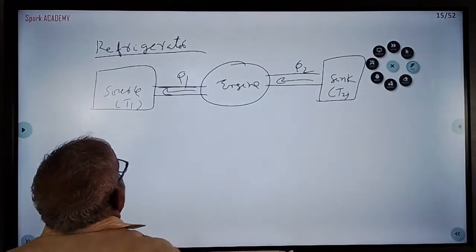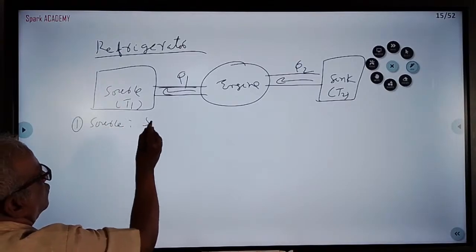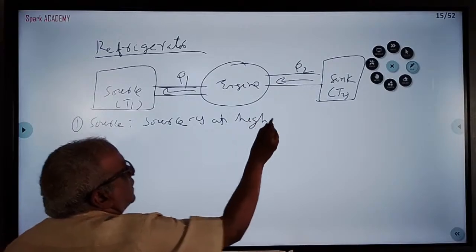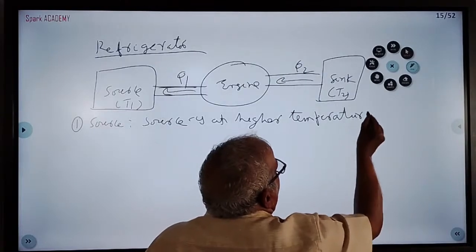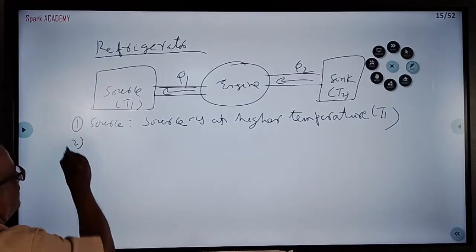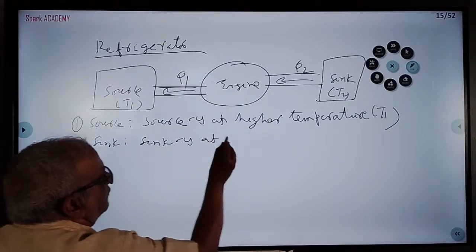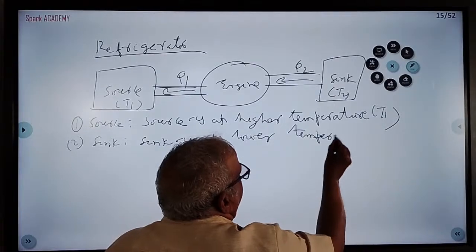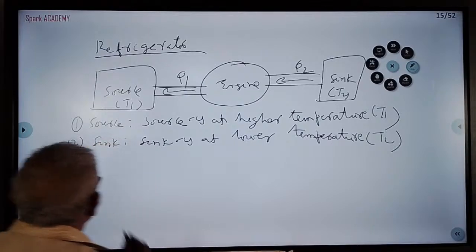It is reversed now. Source is always at higher temperature T1, the hot reservoir. The sink is at lower temperature T2 Kelvin. There are common points.